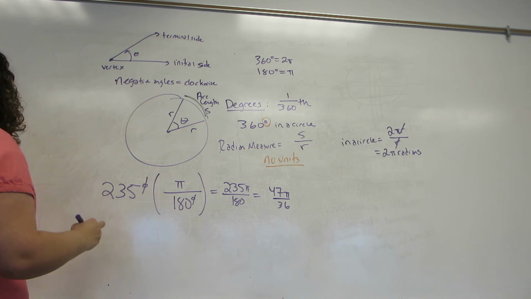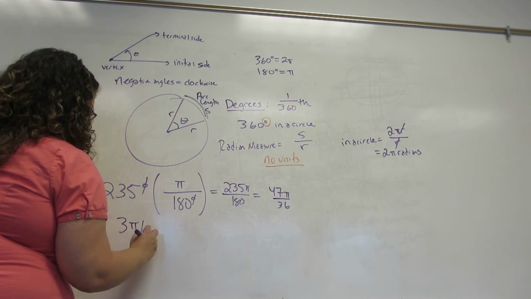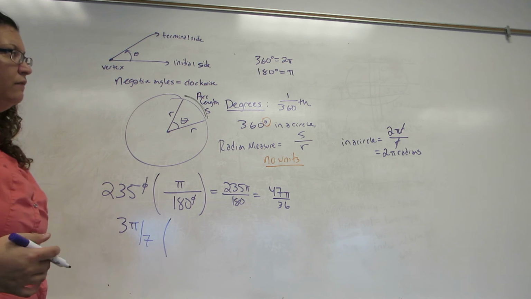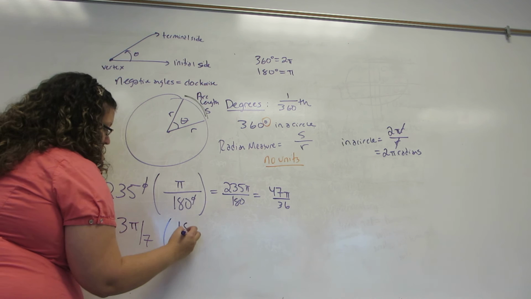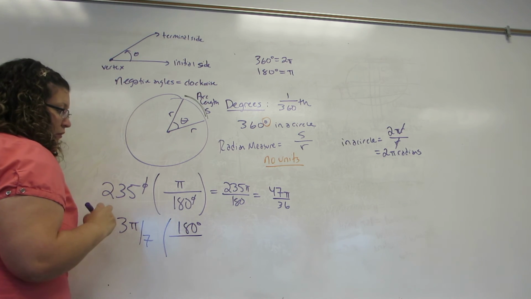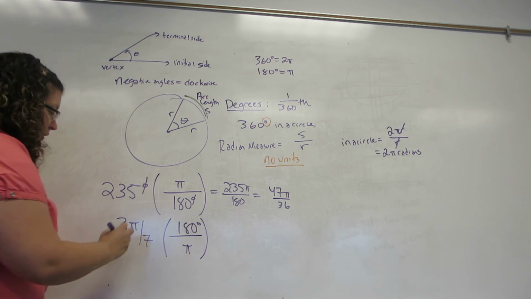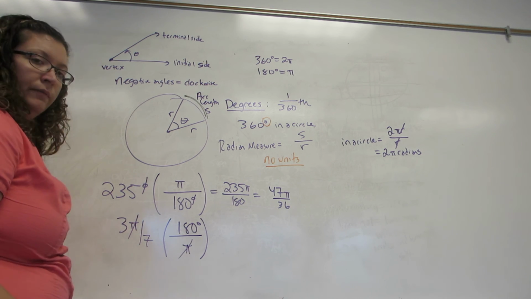Now let's do one going the other way around. 3 pi over 7 radians. Once again, I'm going to multiply by a conversion factor, only this time I want to end up with degrees, so it goes on top. And I want to cancel radians, so pi goes on bottom. The pi's cancel.